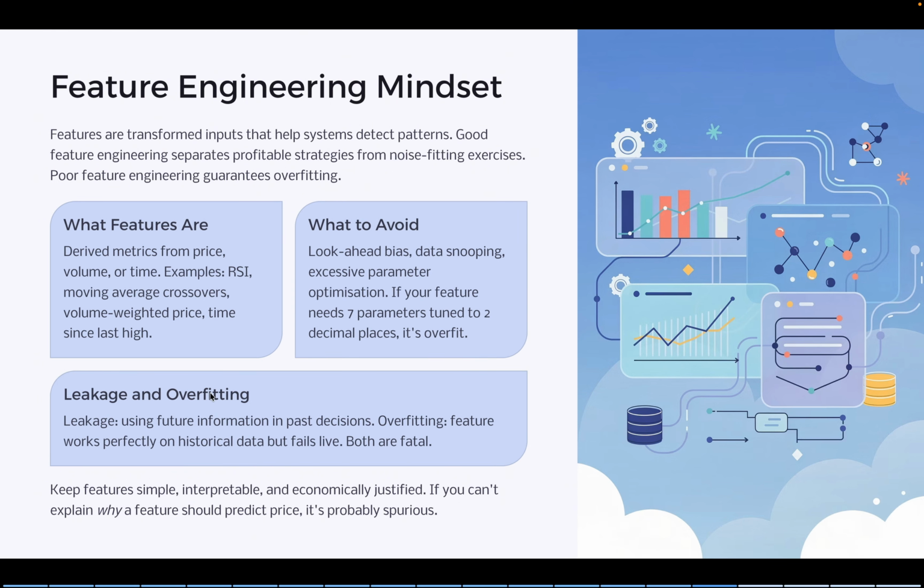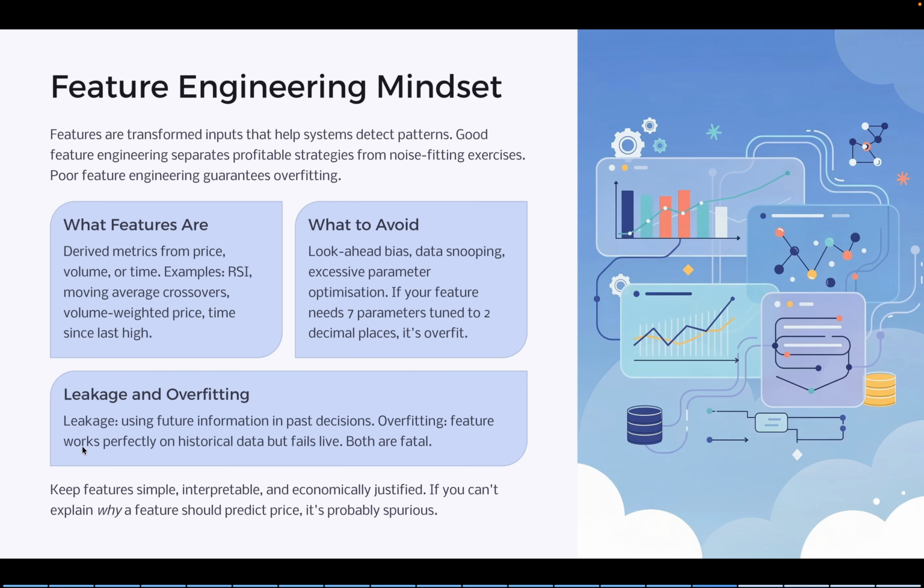So, leakage and overfitting. Leakage is using future information in past decisions, right? And you have to be very, very sure that you're not leaking in your algorithmic trading or in your backtesting specifically. Overfitting is when a feature works perfectly on historical data, but fails live. In your backtest it will work perfectly fine, but it would fail in live trading.